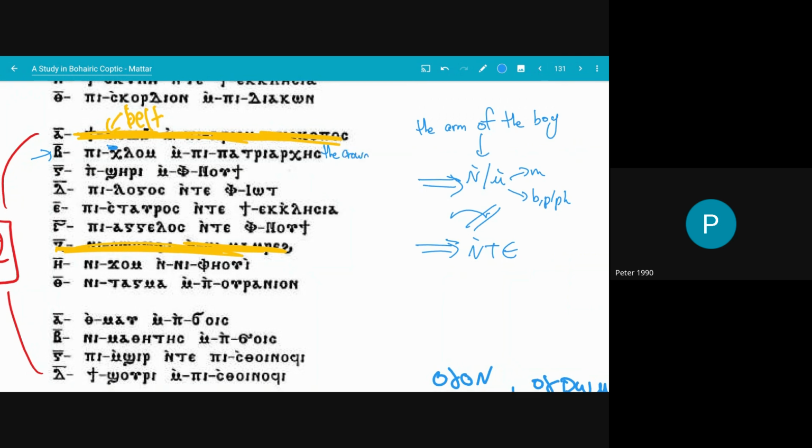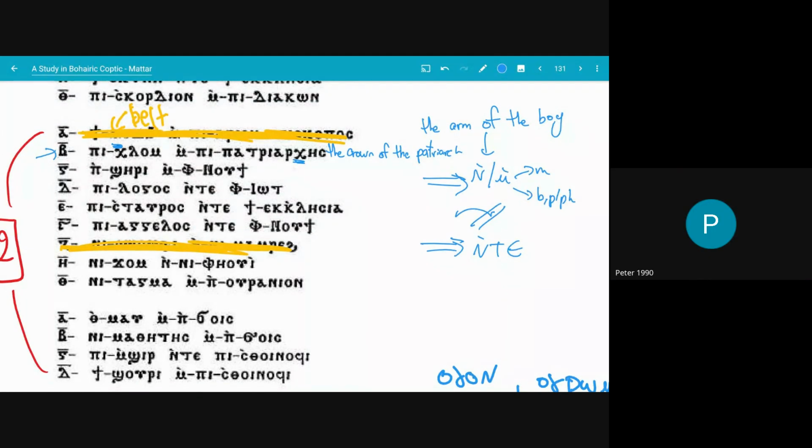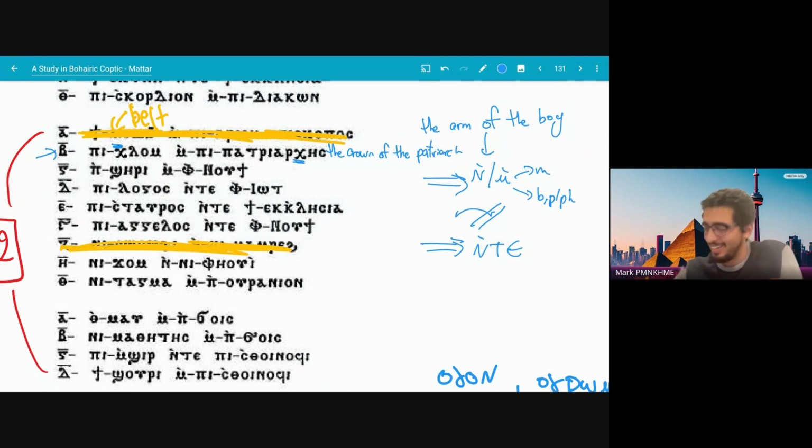Crown. Okay. Piklom of the, crown of the patriarch. Perfect. And good job on pronouncing the K in all the manners that the church does it. Yes. All three different ways. You got them all. All right, next one.